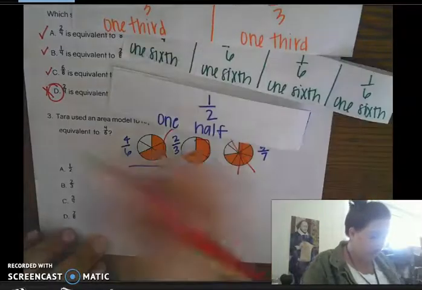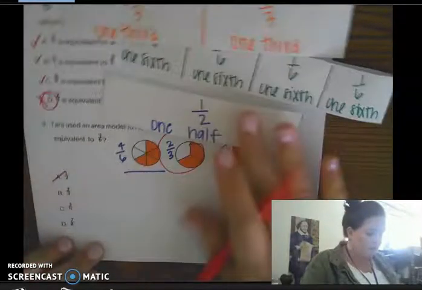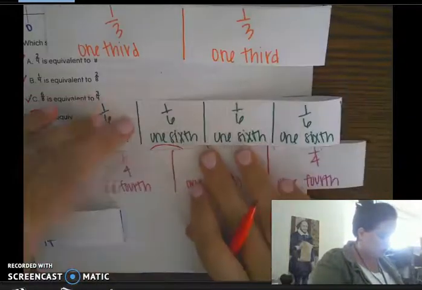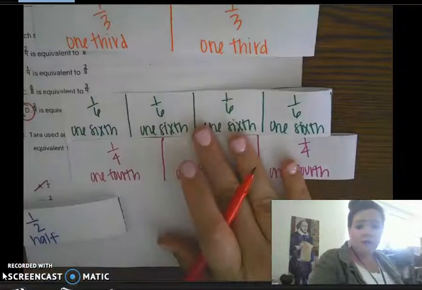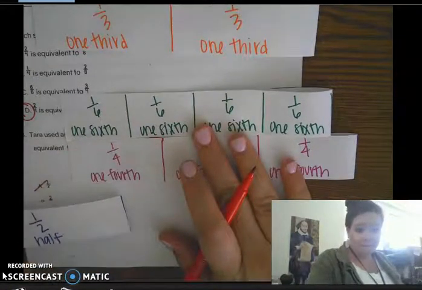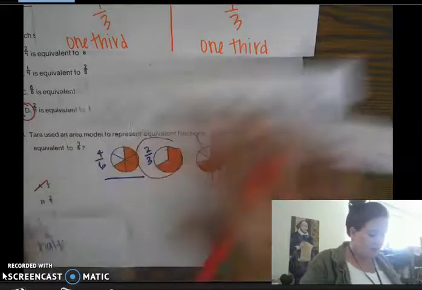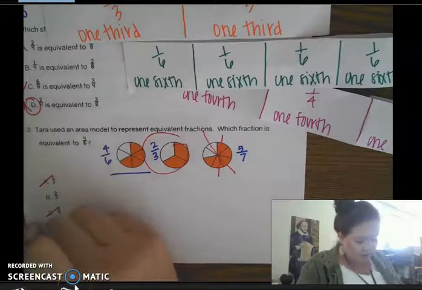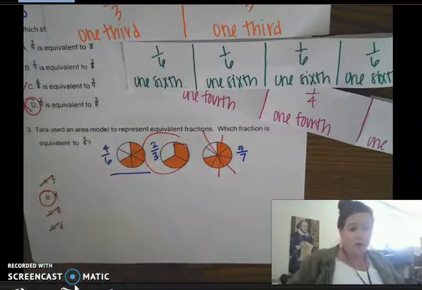No, they are not equivalent. 3/4. Are 3/4 equivalent to 4/6? No, they're not. And 7/8 is not going to be equivalent. Your answer here would be 2/3.